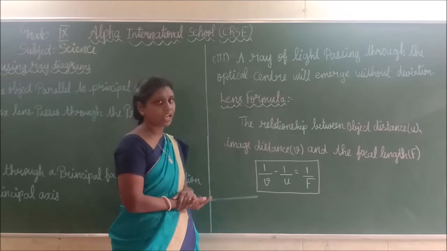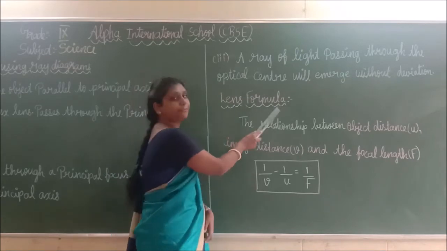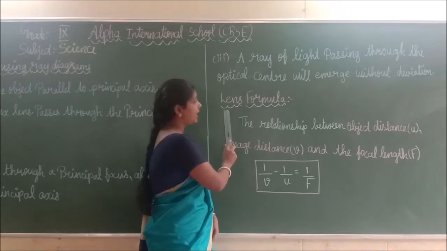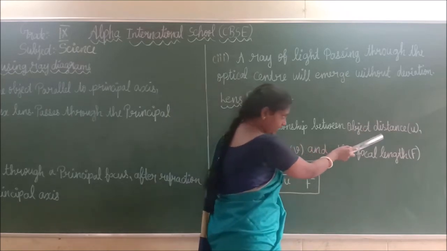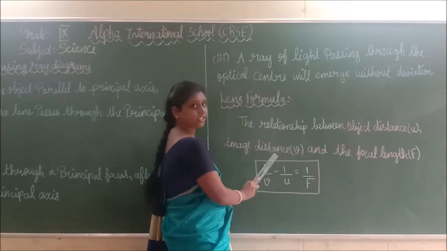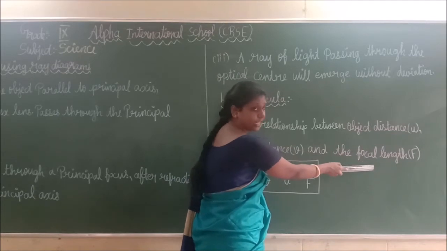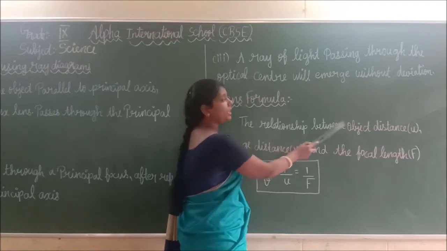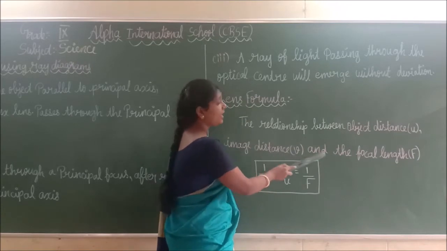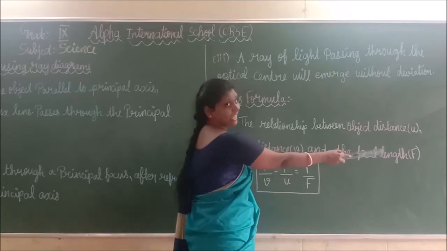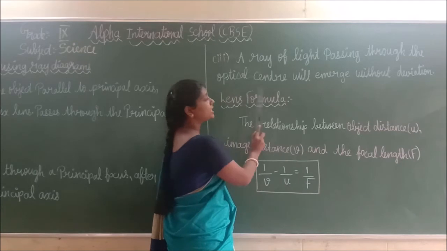Next, we are going to see what the lens formula is. The relationship between object distance u, image distance v and the focal length f we call the lens formula.